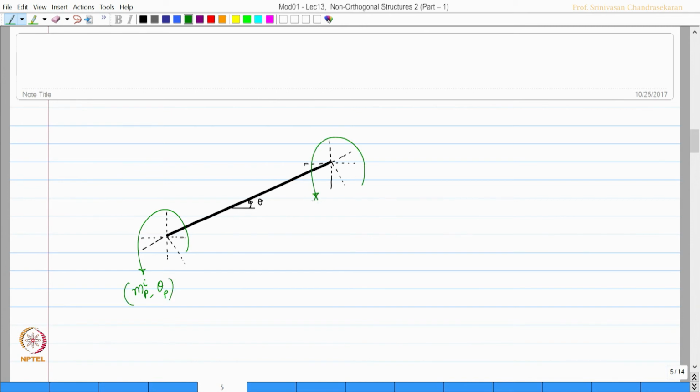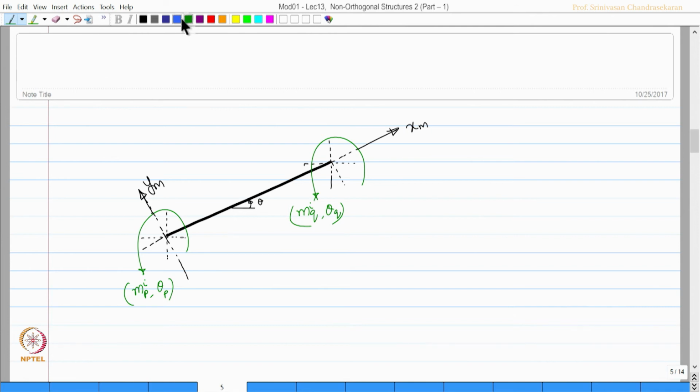And we know this is theta q, equivalent end moment is m q of the ith member, and this remains my xm and ym axis. Okay.